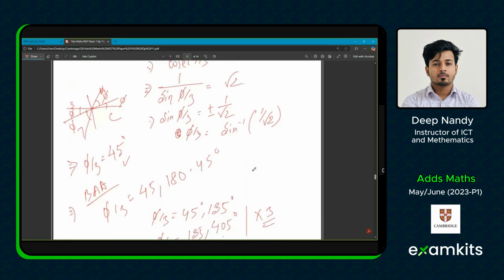Now for the negative values, sine inverse 1 by minus root 2. When sine is negative, the values are these and these. So 5 by 3 equals to 180 plus 45 and 360 minus 45.